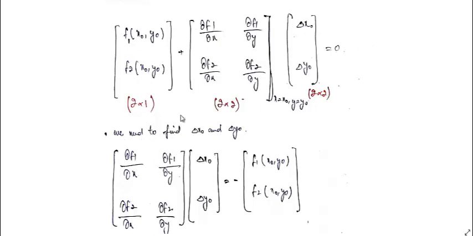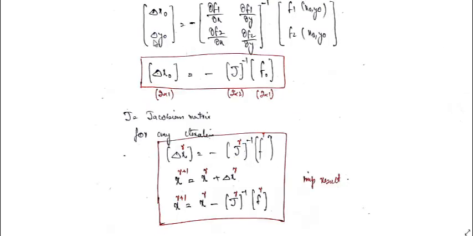Since we are here to find out delta x naught and delta y naught, I will write down first this and take this to this side. It will be equal to del f1 by del x, this matrix multiplied with this matrix is equal to minus times of this matrix. So this can be written like this.